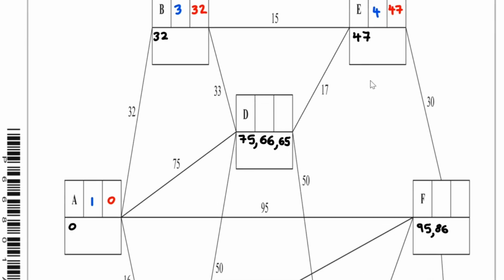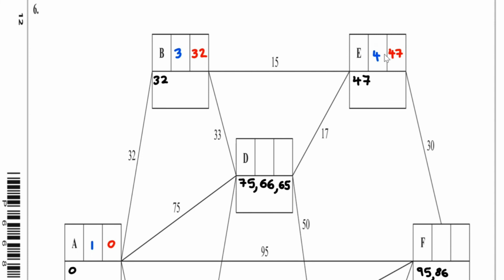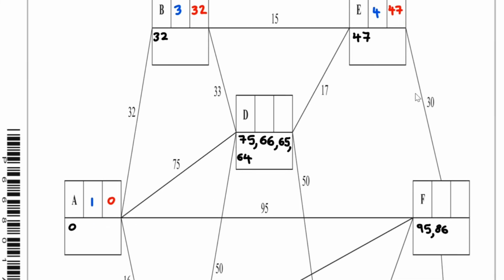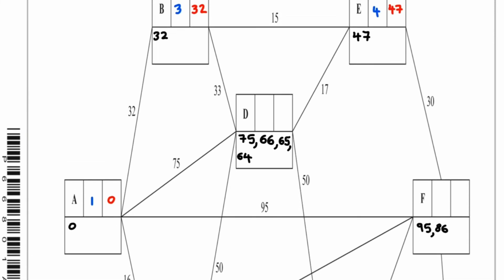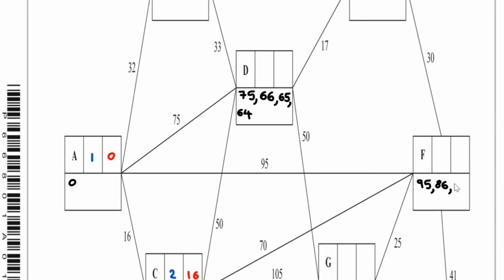Now, let's take a look at what comes off E. We've got 47 plus the 17, which is 64. We've got 47 plus 30, which is 77.